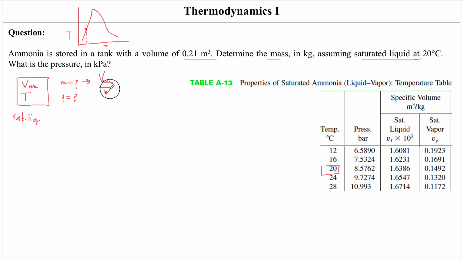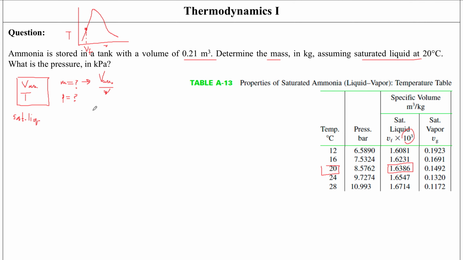Specific volume is something I can find through this table. So what is going to be the specific volume of ammonia for the conditions that are given to us? Because at this point we've got Vf, the specific volume for ammonia is going to be 1.6383 into 10 to the power minus 3.